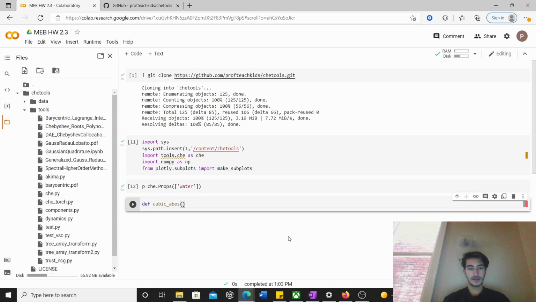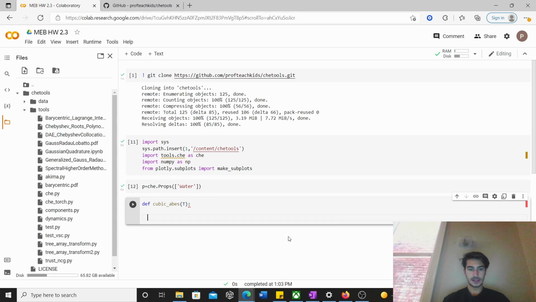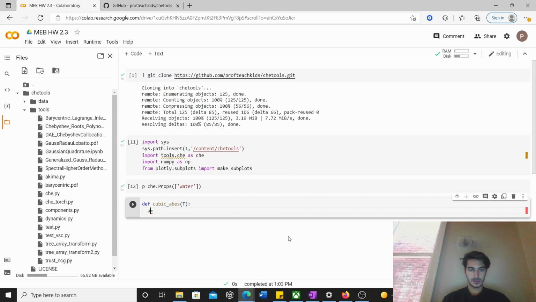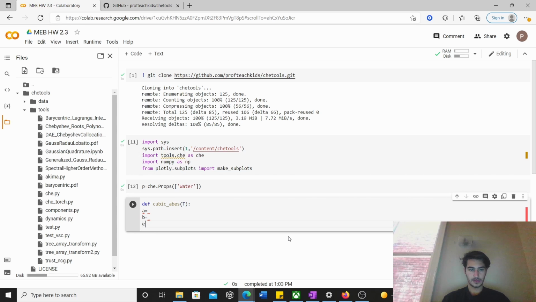Then we'll be using T, because it remains the same. And for this we'll need a value for A, a value for B, a value for epsilon, and a value for sigma.